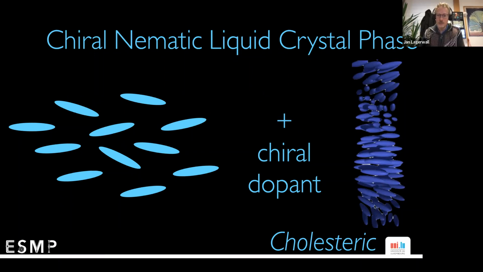And then you see that if you have this type of helical modulation, if you send in light, for instance, that has a polarization like this in the horizontal plane of the screen, then you would have extraordinary refractive index here, and ordinary here, and then again extraordinary and so on. So you have a periodic modulation of the refractive index. And that means that light will experience this material as a periodically structured material.